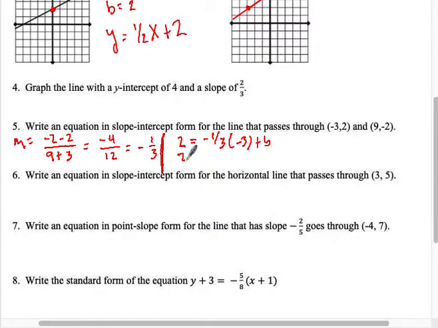So that would be 2 equals -1/3 times a positive, or -3 would be a positive 1 plus b. Subtract 1. So b is 1. And then step 3 is write the equation. So y equals -1/3 x plus 1.